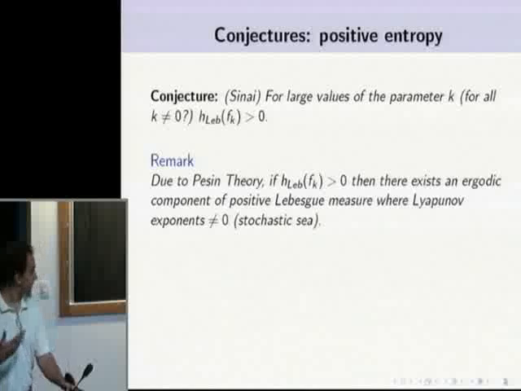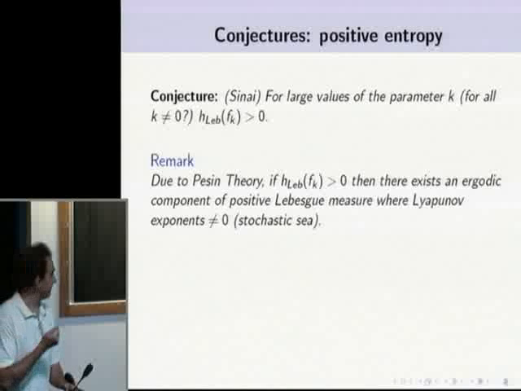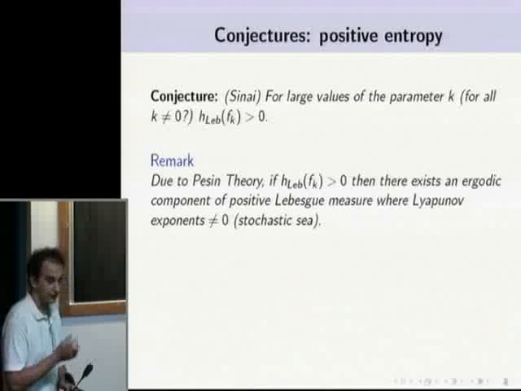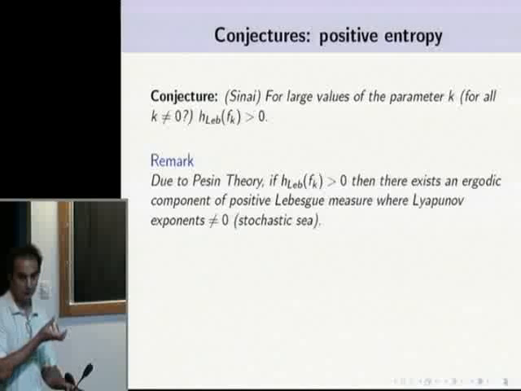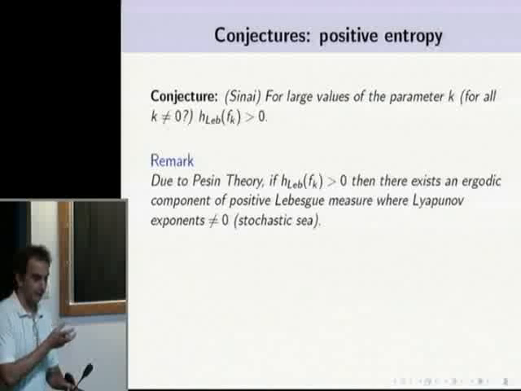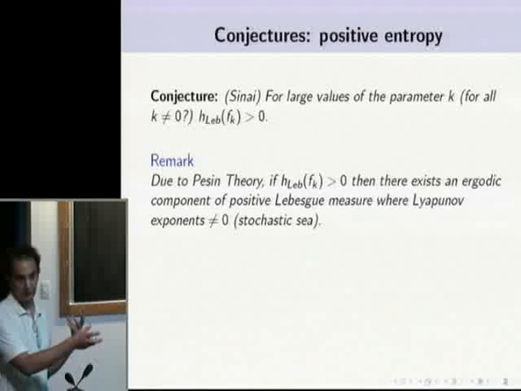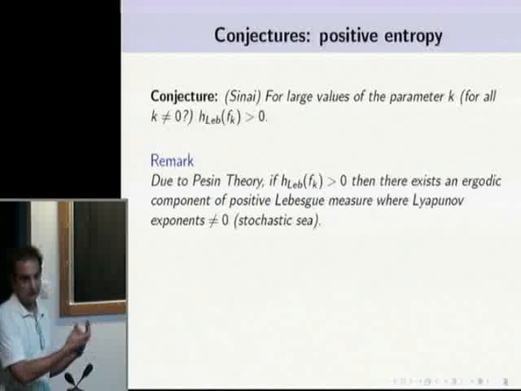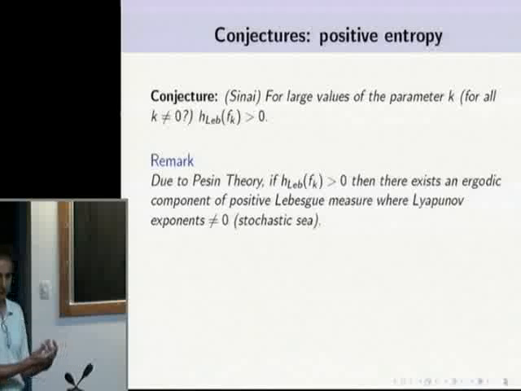It's interesting because due to Pesin theory, as soon as you have positivity of the entropy, this implies that you must have an ergodic component with non-zero Lyapunov exponent. So it implies that you must have some part of that stochastic picture of positive measure, and that justifies the picture that we see on the computer.